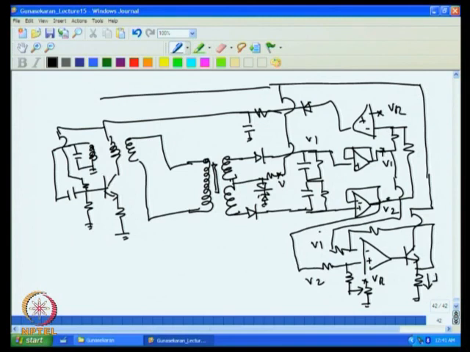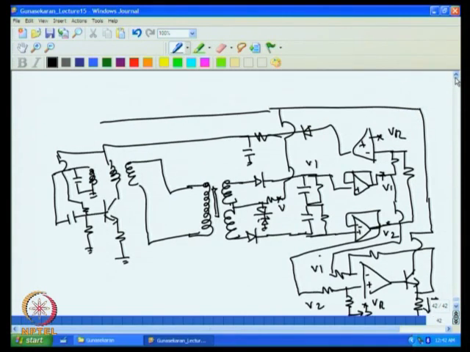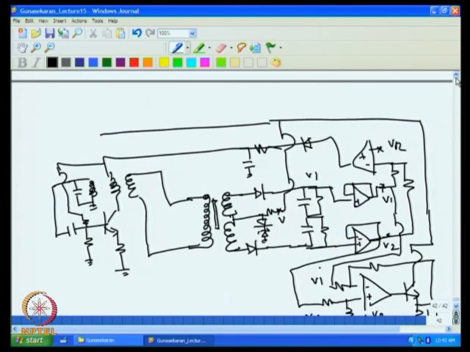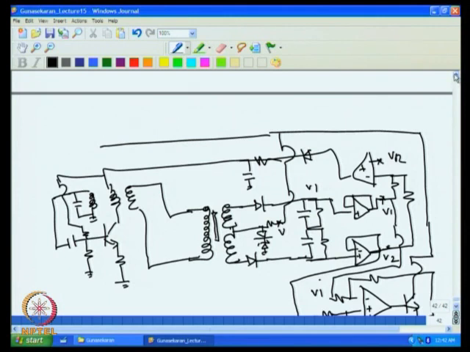So this current I is proportional to displacement eventually, and that can be made 4 to 20 milliampere by suitably adjusting this, and even the span adjustment can be given here using a potentiometer. And then now we have to add the regulator for this to make it a two-wire system. So we have to provide a regulated supply.